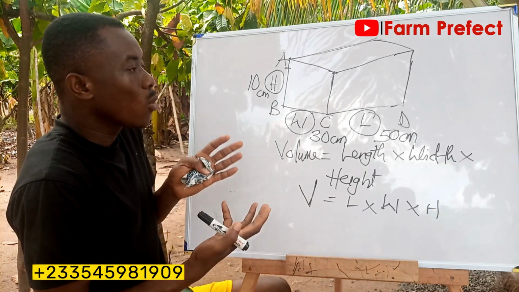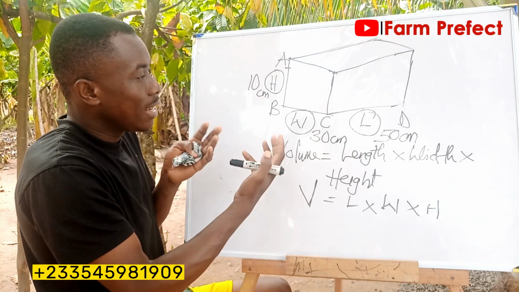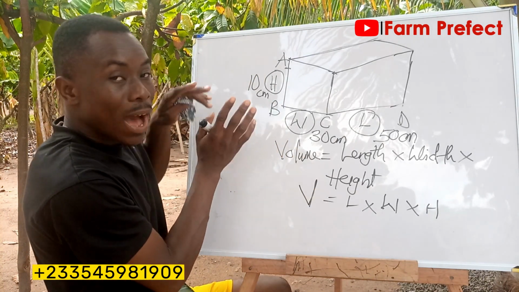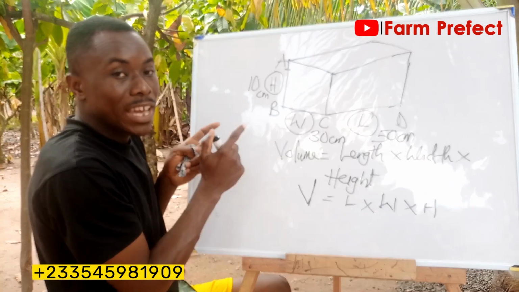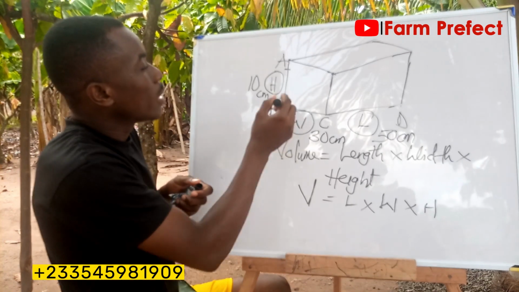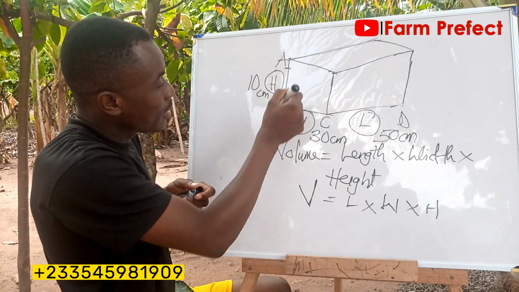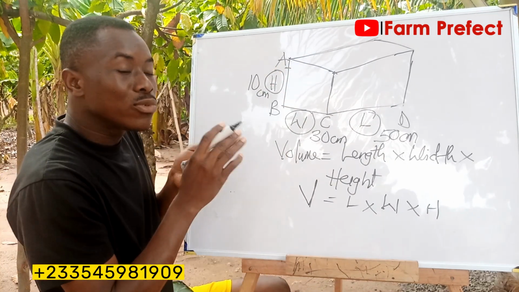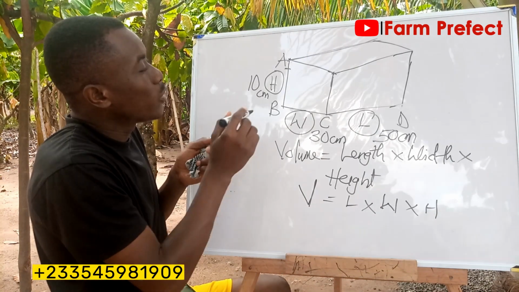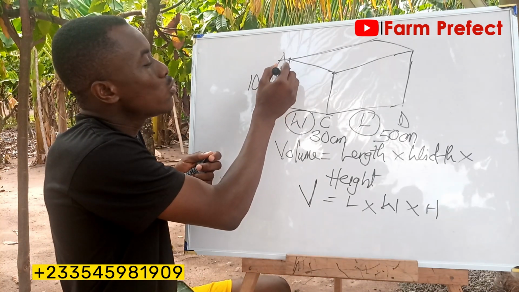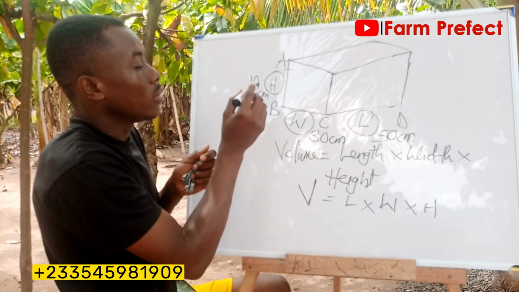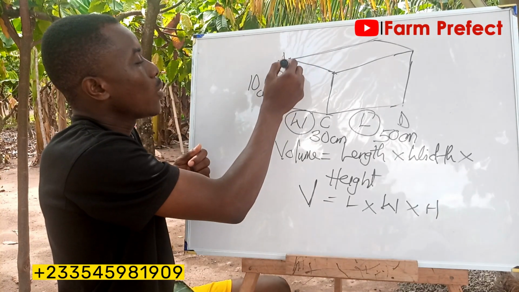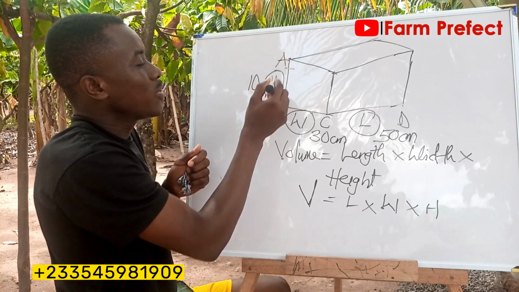So anytime water goes beyond that level, then the water will go out of the pond by itself. Yeah. So now you see this height is 10 cm, and if it is 10 cm, the overflow will be situated, let's say, around 2 cm when you are coming from the top.